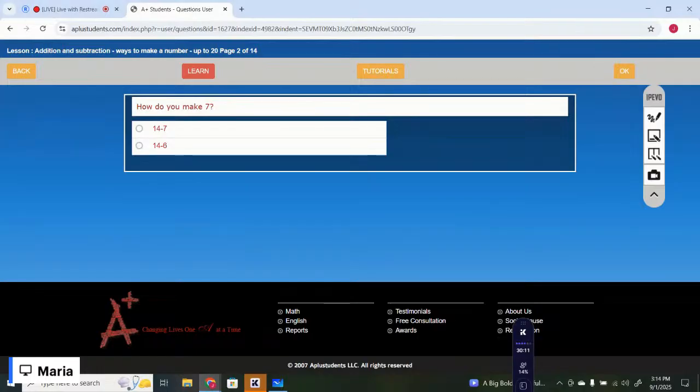How do you make 7? So 14 take away 7 is 7. And option number 1 is the correct option.